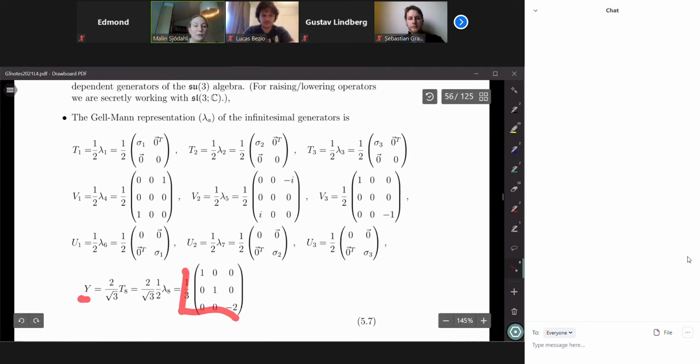The reason for choosing this matrix and not one of these is that in a sense it is orthogonal to that matrix. And well, in what sense? Well, one sense is the trace condition. If you trace this times this, you will get 0. Another sense will be in the weight diagrams, so we will come back to that.